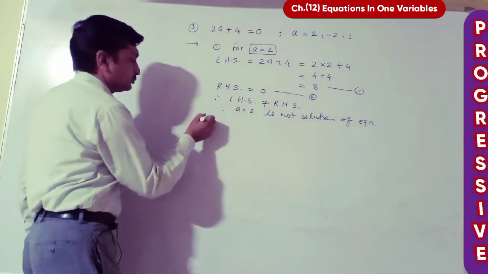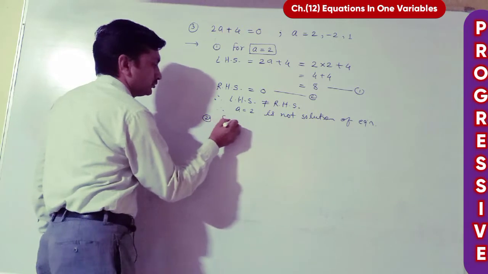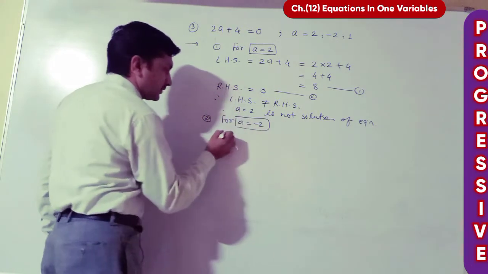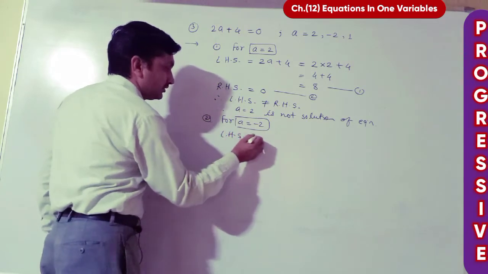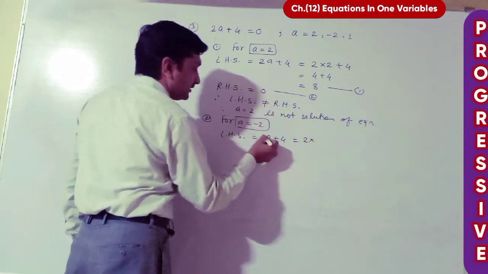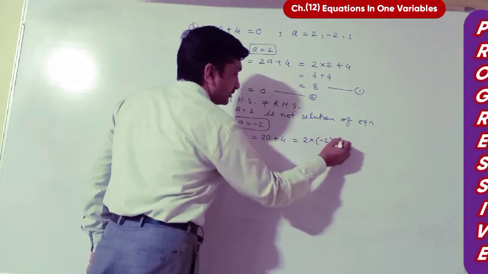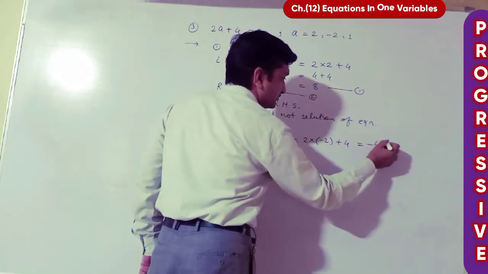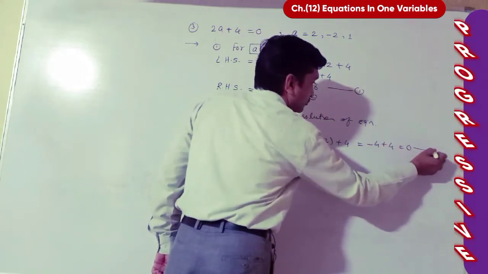Let's see the second value. For a is equal to minus 2, left hand side is 2a plus 4. 2 multiplied by the a value, minus 2, plus 4. Minus 4 plus 4 is equal to 0. Number 1.